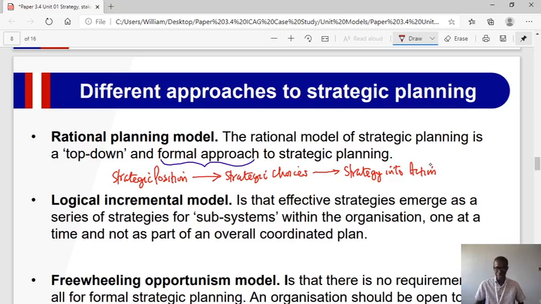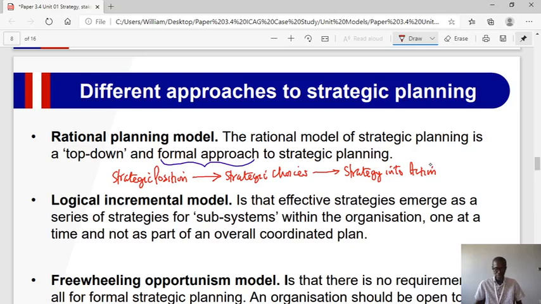In this approach to strategic planning, effective strategies emerge as a series of strategies for subsystems. So each subsystem will have a strategy made for it.